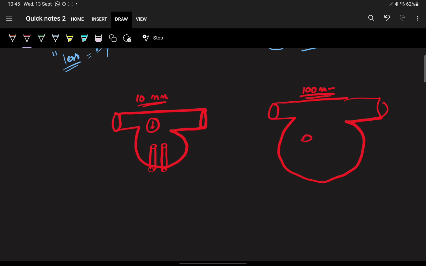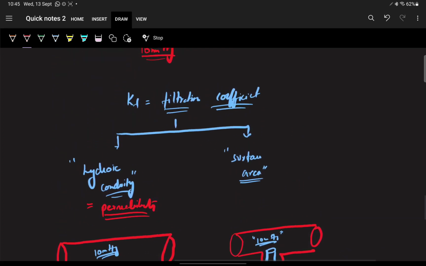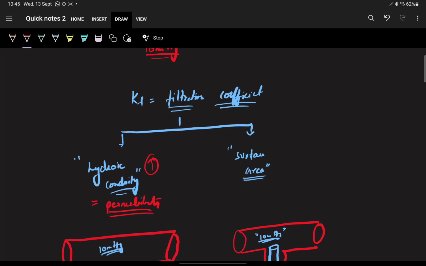So what will happen? Obviously there are a lot more pipes, so there will be increased permeability. So filtration coefficient is dependent on two factors: hydraulic conductivity and the surface area. Whenever there is increased hydraulic conductivity or permeability, the flow will increase. Or if there is increased surface area, then also the flow will increase. The GFR will get increased.